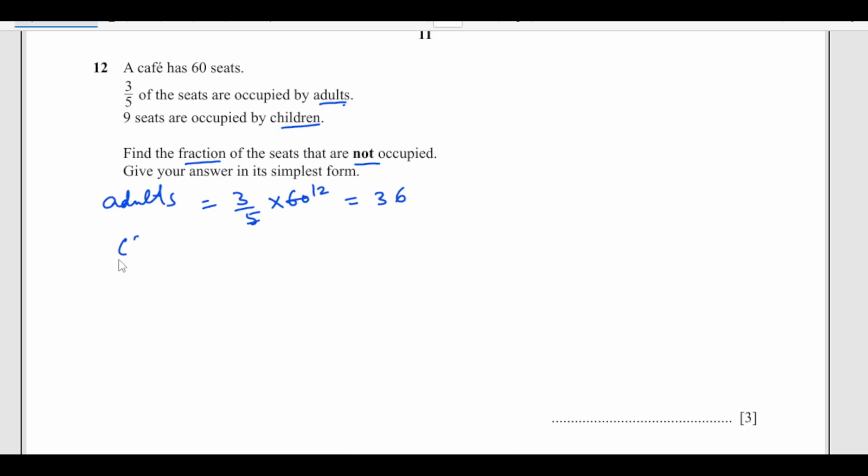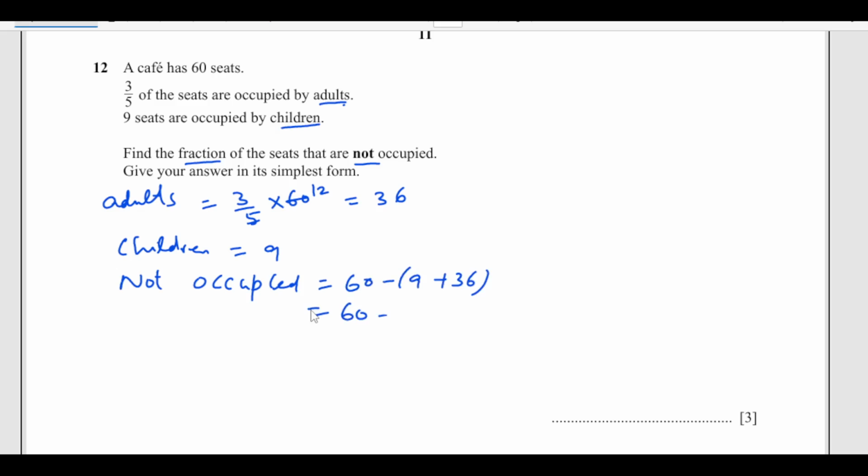Then children, we are already given 9 seats. Okay, so the seats which are not occupied will be 60 minus 9 plus 36. So 60 minus 45, this is 15.